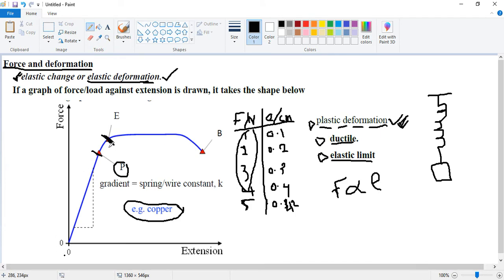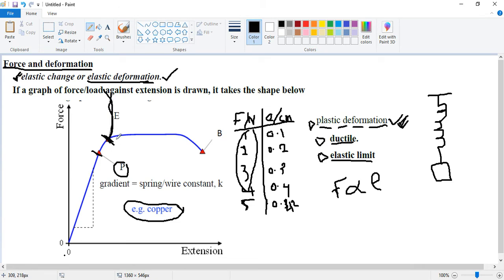So this graph here can also be drawn in such a way that beyond E the graph can even go up. It can go up to mean that a very large force may give a very small extension. So I can also draw this graph going upwards.